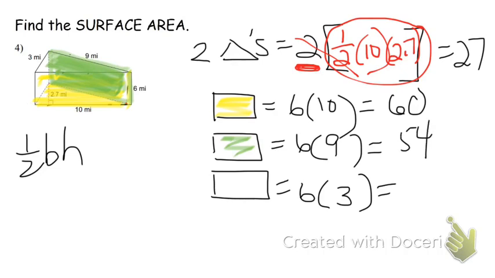And then the remaining one on the left side, or whatever you consider that side to be, that one's going to be 6 times 3, and that will give us this guy right here. So 6 times 3, which is 18. And now we just have to add all that up. So I already doubled this to get the 27.